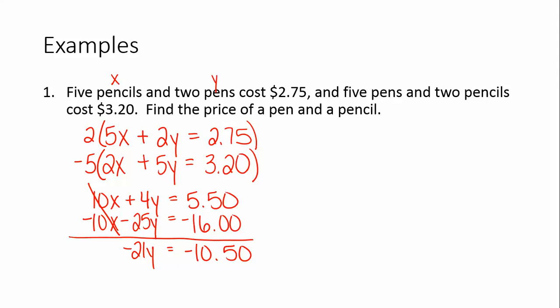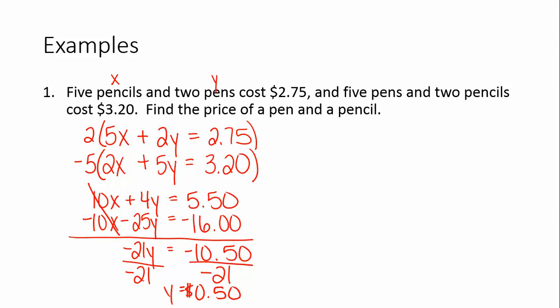Typically with money, you'll always see me put 2 decimal places there, so I just don't forget that we're dealing with money. Now we need to divide both sides by -21 to solve for y. And we get that y equals -1050 divided by -21 is 50 cents or 0.50. Your calculator is just going to tell you 0.5, but remember we're dealing with money here.